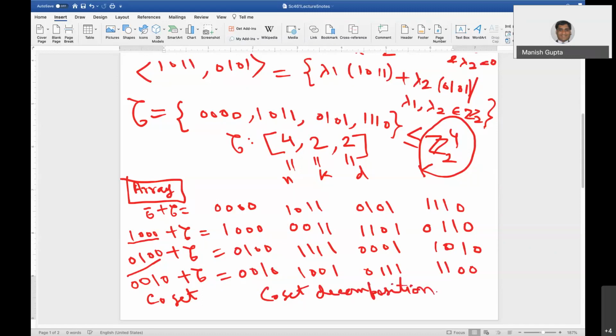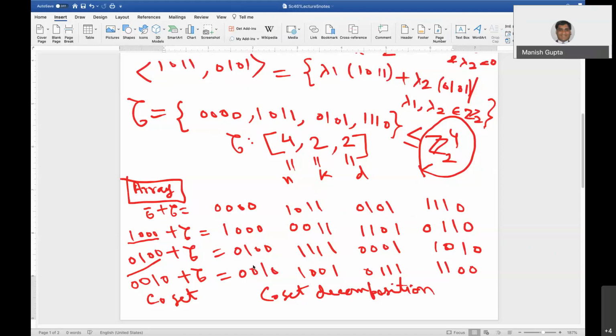Okay, coset decomposition. By taking a vector of least weight and adding it to C, we have decomposed the whole space into 16 vectors. You can see that these are all 16 vectors, which give us all the vectors of Z2 raised to power 4.